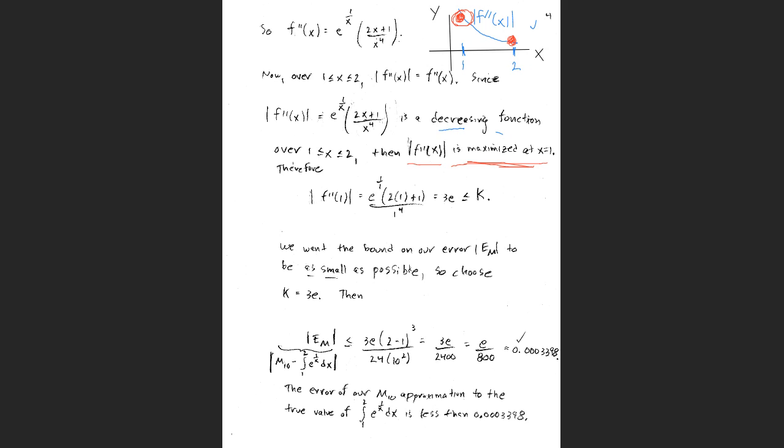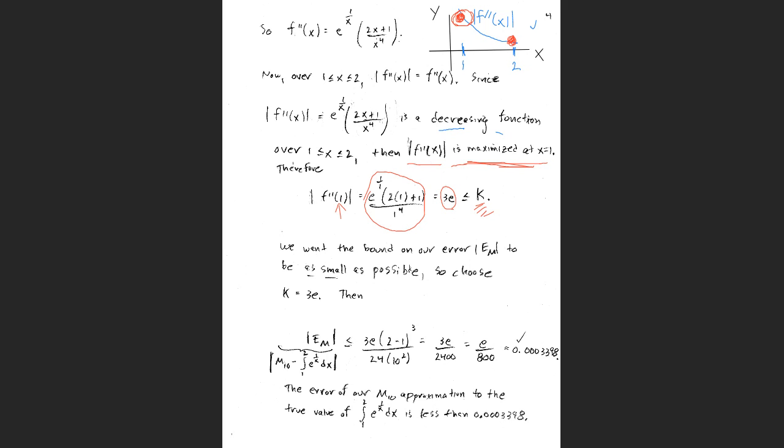And so what I'm going to do to determine k is put in 1 for x on my second derivative and evaluate it. Okay, so here's me evaluating my second derivative when x equals 1, and I'm going to get 3e. K has to be greater than or equal then to 3 times e.